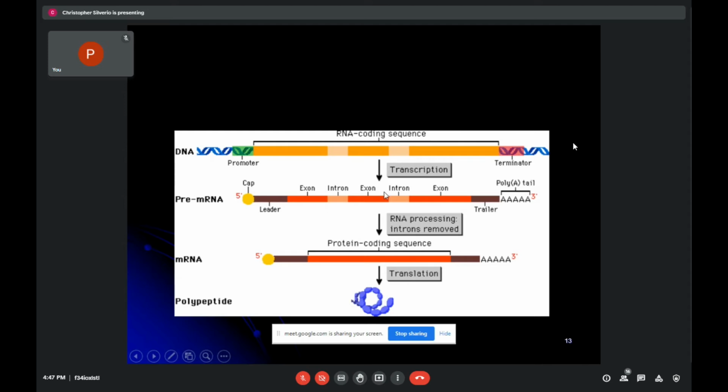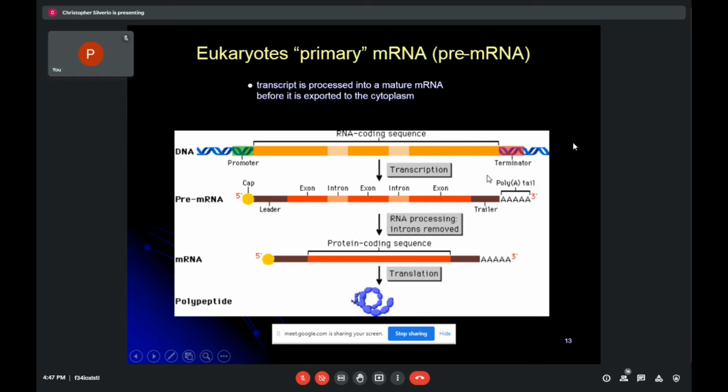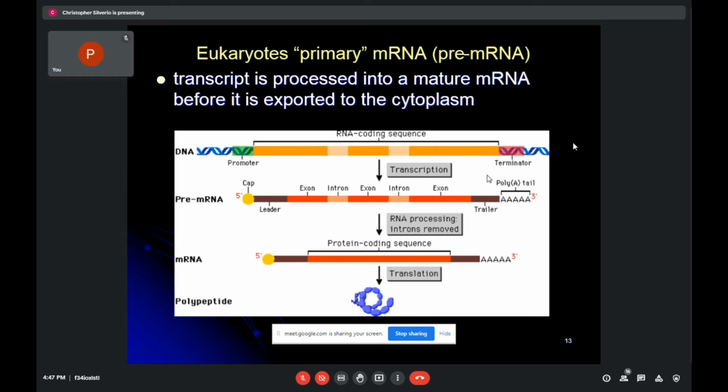Later on, you will know how introns are removed and what is the significance of the cap and the poly-A tail. And this is now the polypeptide or the protein. Okay, the transcript is processed into mature mRNA before it is exported to the cytoplasm.